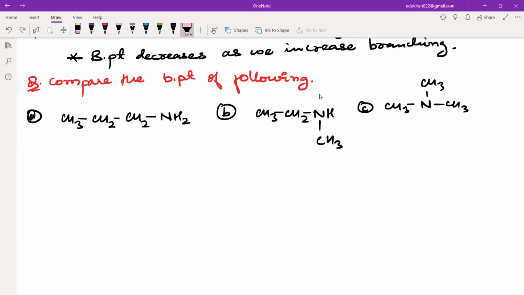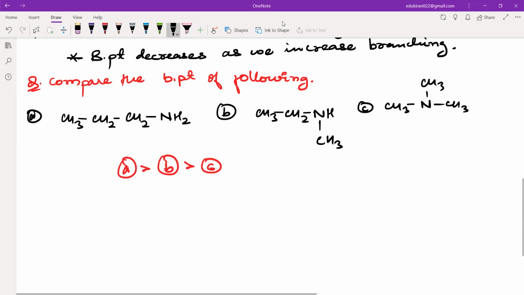So why is primary greater than secondary? Because it has two hydrogens bonded to it. Primary has two hydrogens and secondary has only one hydrogen. Yeah, correct. So the order will be, I hope everyone understands now, A will be greater than B, and C will be the least.